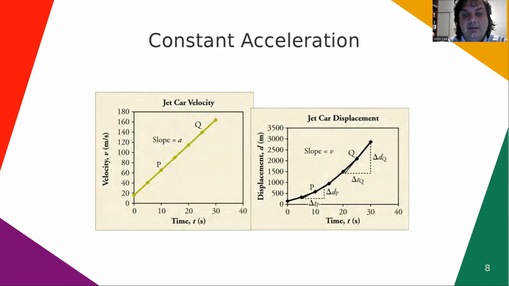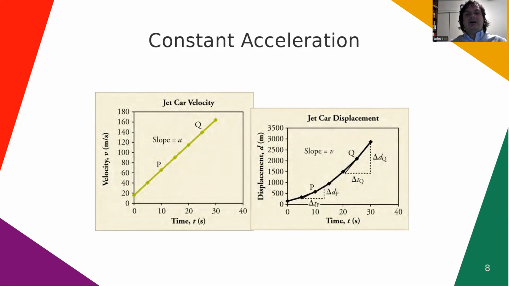So the slope of the line changes, which means that the velocity is changing. As the slope of the line is changing, that means it goes faster and faster, which means it's going to cover more distance over a shorter amount of time, which is why it curves up the way that you see here.